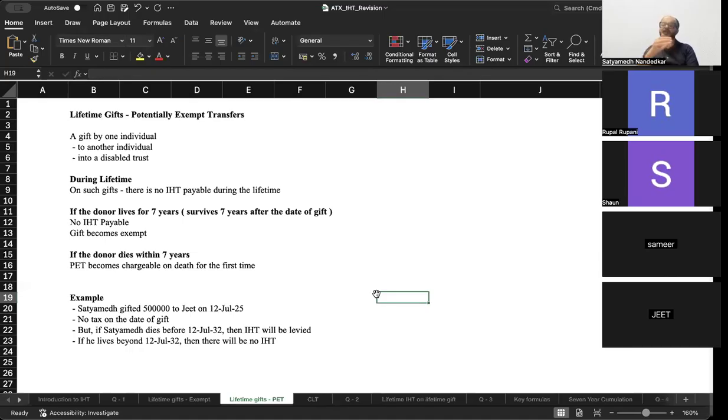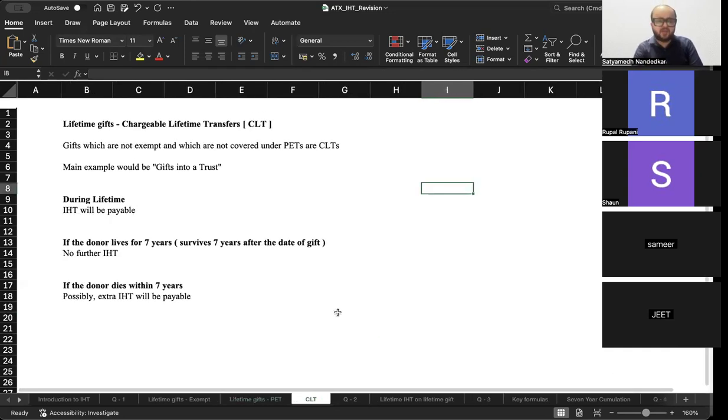I give the gift today and I stay alive for the next 7 years. If 7 years pass, then there is no tax. But if the donor dies within 7 years of making the gift, then the gift made is going to be taxed. The PET, that is the potentially exempt transfer, becomes chargeable on the death of the individual.